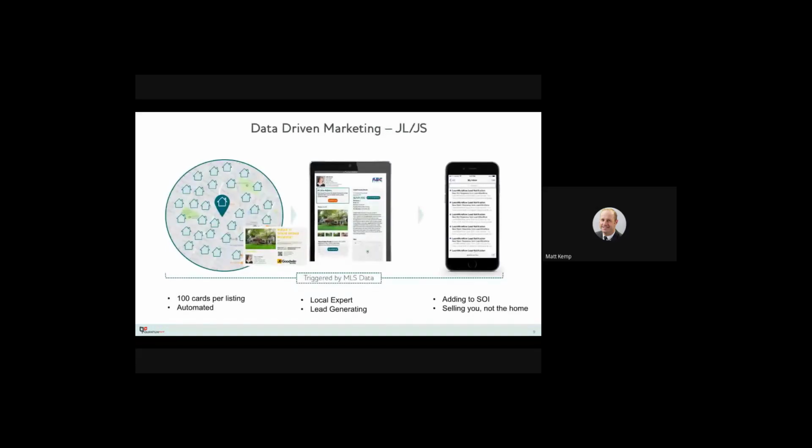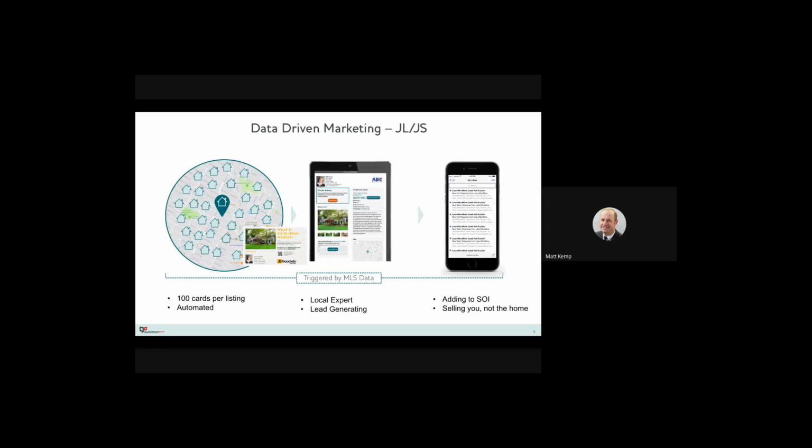So an example of what I spoke to earlier, that data-driven marketing, as most of you know, Just Listed and Just Sold, we do have our advice of 100 cards per listing, but really you just need to get some type of marketing out there to establish yourself as that local expert.